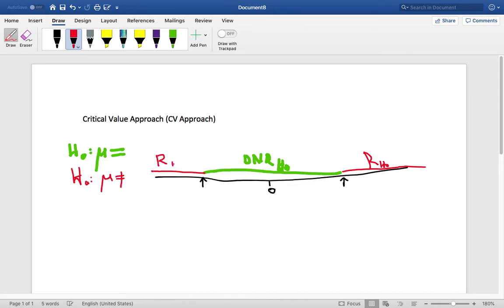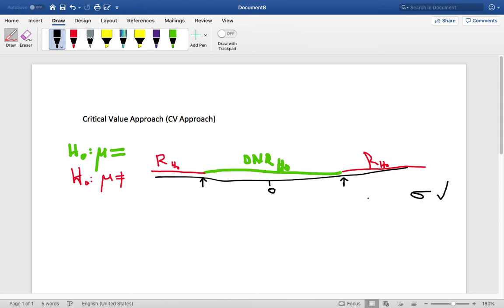Now, the critical values I showed you up until now were assuming that we knew the population standard deviation. So before I actually input the critical values, what I'd like to do is say that if we know the population standard deviation sigma, I'll just put a check mark.